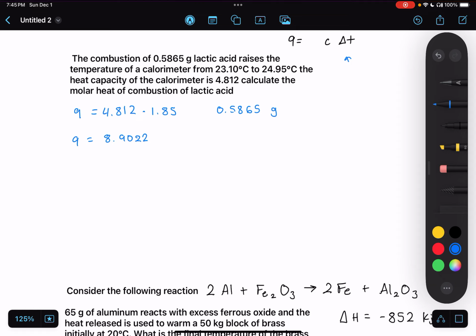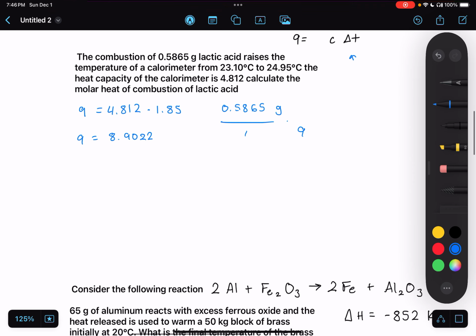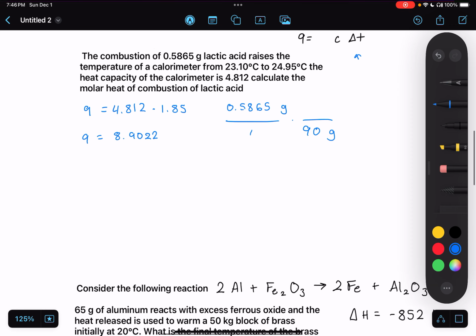Molar mass of lactic acid, and that's going to be 90 grams per mole. So 1 times 90 grams for 1 mole.